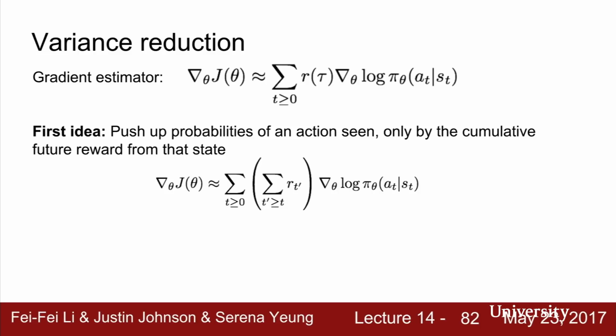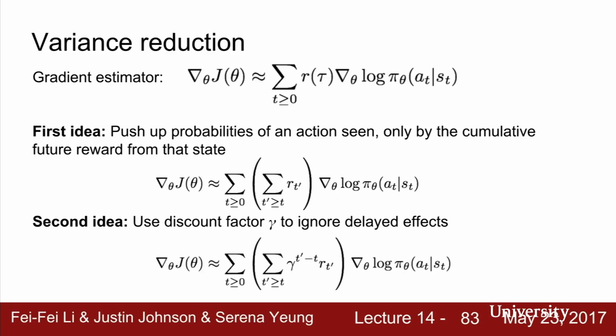So instead of scaling the likelihood of this action by the total reward of this trajectory, let's look more specifically at just the sum of rewards coming from this time step on to the end. This is basically saying that how good an action is is only specified by how much future reward it generates, which makes sense.